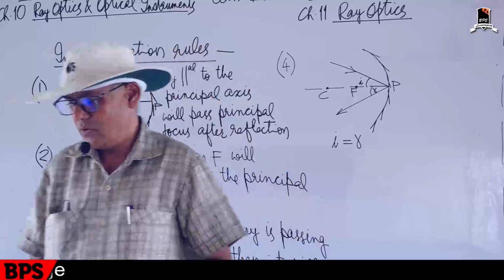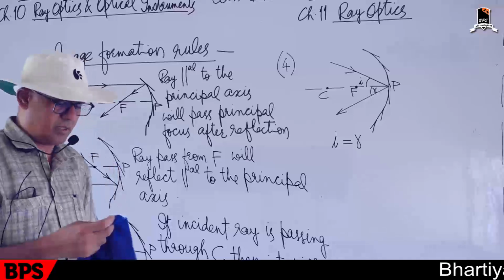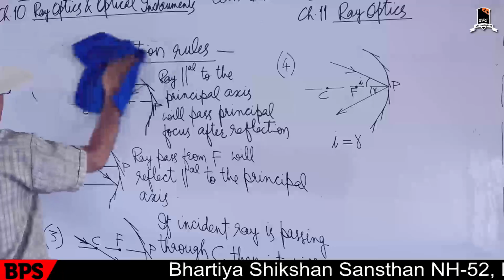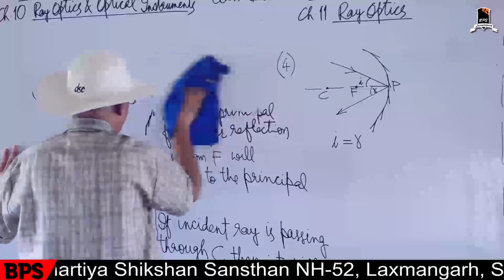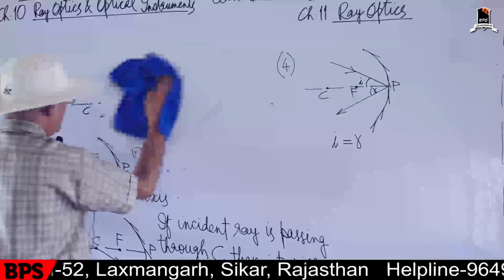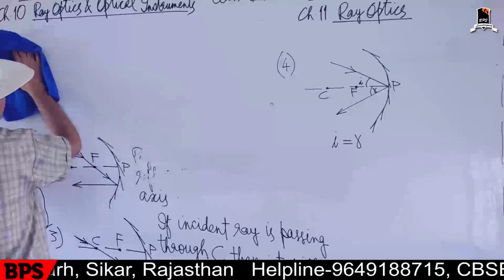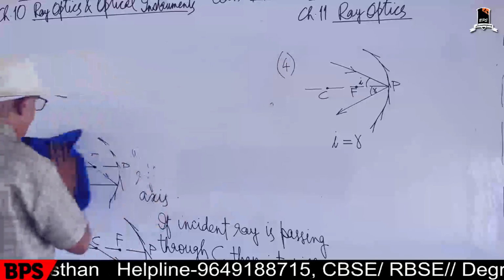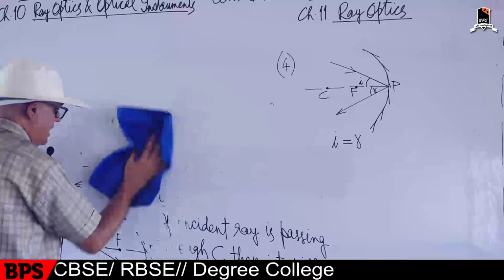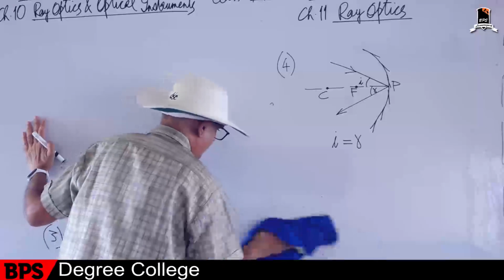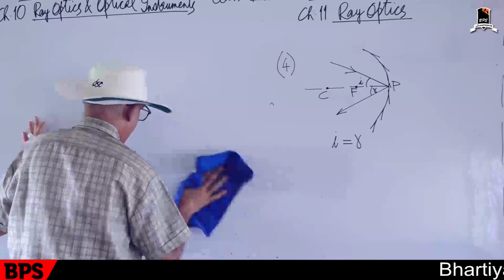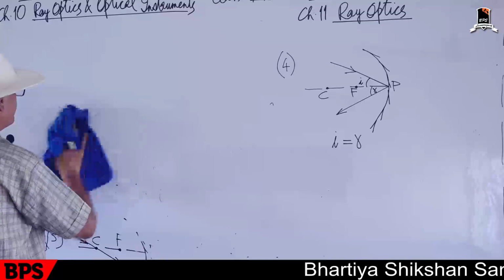So now for both of the boards, main questions are coming. The first question is to relate focal length and radius of curvature. So first of all, we are going to take the question: develop the relation between focal length and radius of curvature of a spherical mirror.